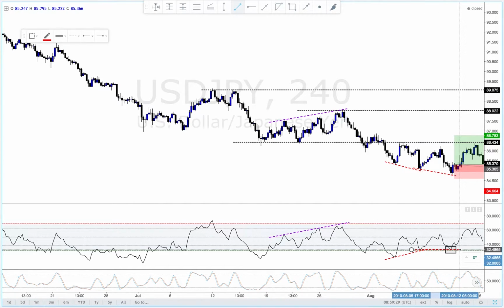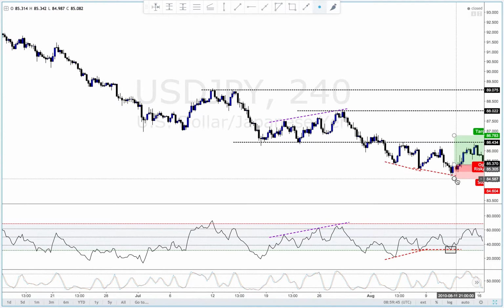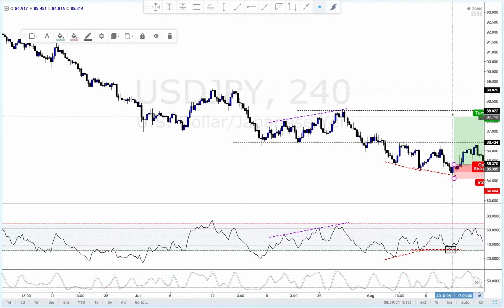But I still count that as divergence. And I guess the kicker is this exact retest of this exact level on my RSI, which I would take the trade on. Stop 10 pips below the low. Targets. You could split your position into 3. Take profit 1, 2, and 3.